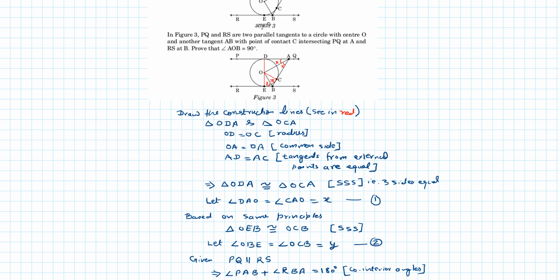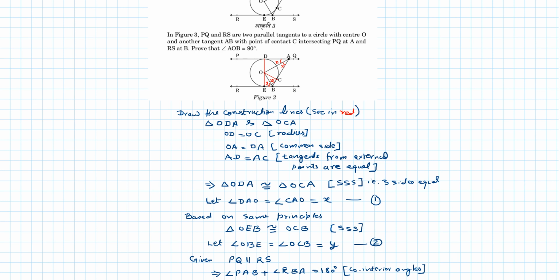Now you know a theorem that given an external point to a circle, there can be two tangents from that external point, and the lengths of these two tangents are equal. So अगर हम A से ले, A is an external point, AD and AC are tangents, so their lengths are equal.